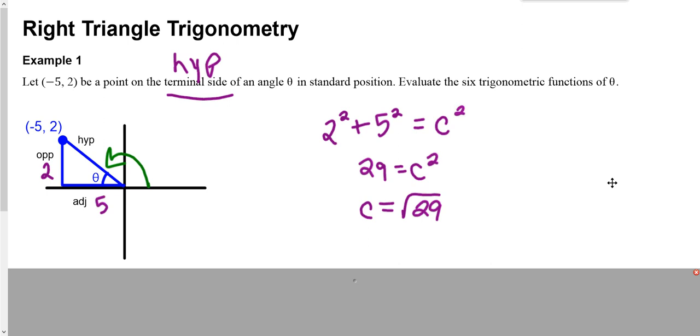And that's what I have written out right over here. You'll see that we get a radical, rad 29. And I always encourage you to just leave your answer as the radical. Don't bother rounding it, because then you wouldn't have an exact answer anymore. So we have rad 29, which doesn't simplify, by the way. So that's what we're going to be using for our triangle here.